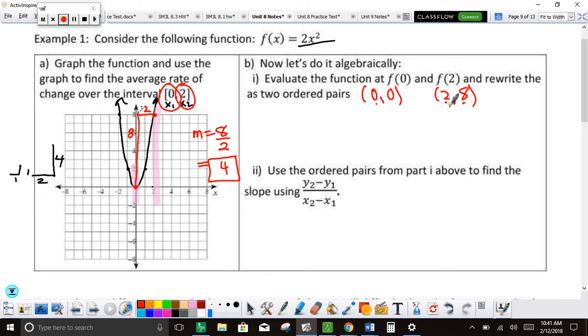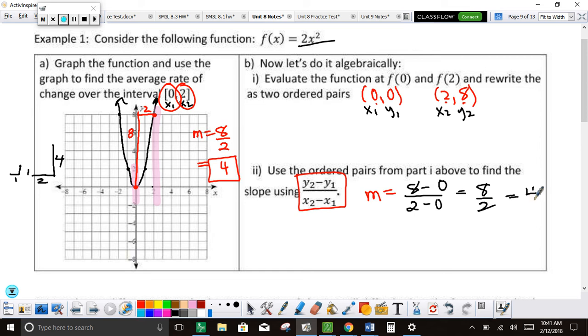And then once I do that, I'm going to use ordered pairs to find the slope. So m equals y2 minus y1 over x2 minus x1, 8 over 2, which is 4, not super surprising.